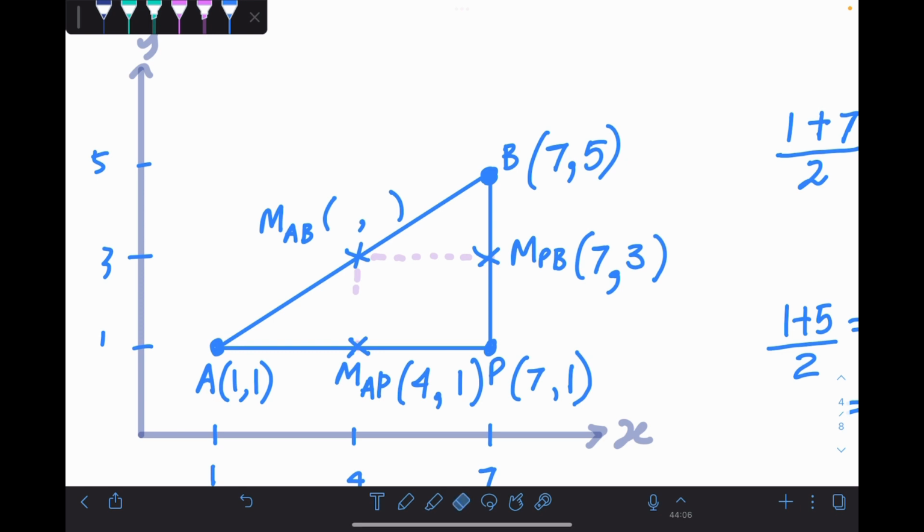Do you see that? We already know what those values are. We've already found them, didn't we? We found them when we calculated these points earlier. So we know here our x coordinate is what our x coordinate was here.